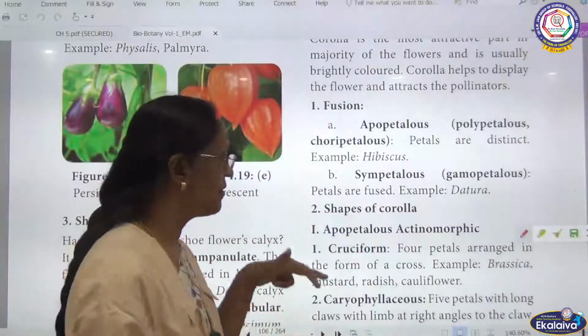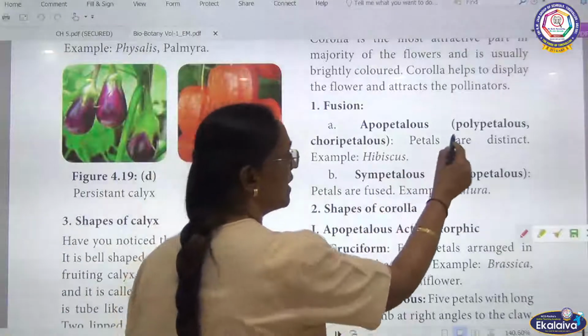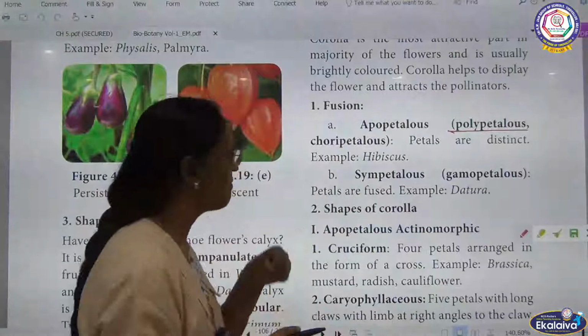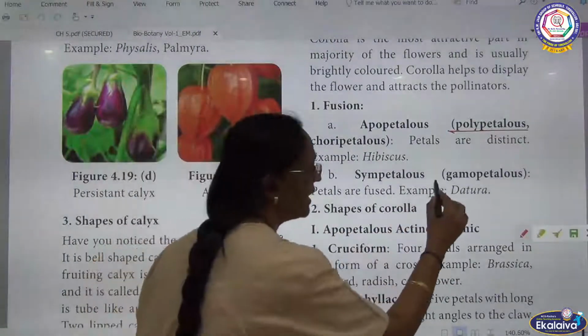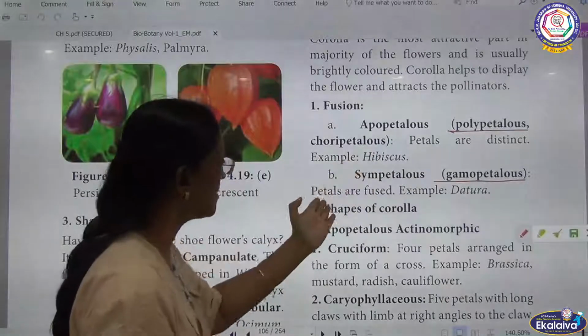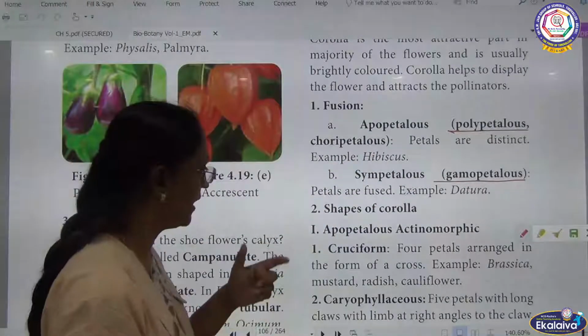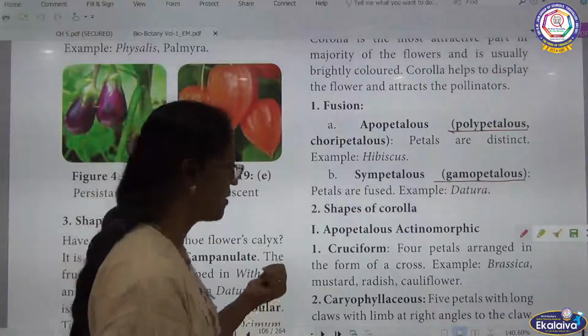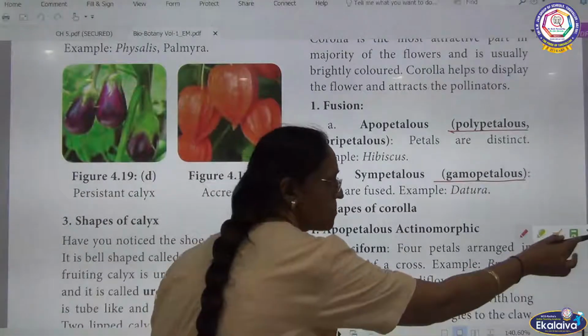When you talk about petals, if the petals are free, then you call it polypetalous. If the petals are fused, then you call it gamopetalous. You will find free petals in hibiscus, and fused petals in datura. Then again, the shapes of the corolla are of various forms.